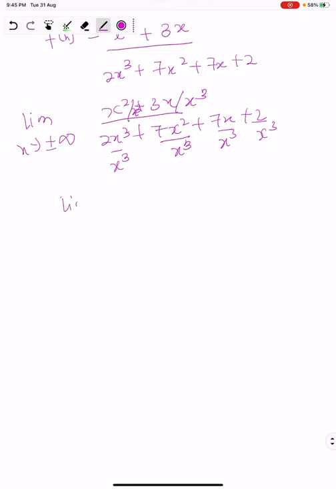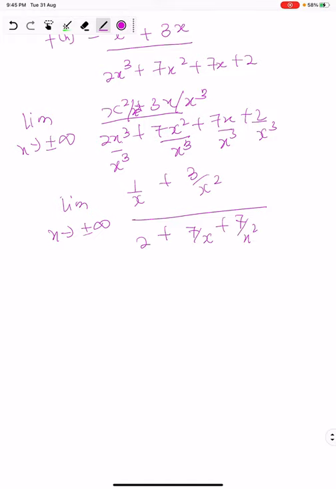So this is the limit as x approaches plus or minus infinity of (1 over x plus 3 over x squared) all over (2 plus 7 over x plus 7 over x squared plus 2 over x cubed).